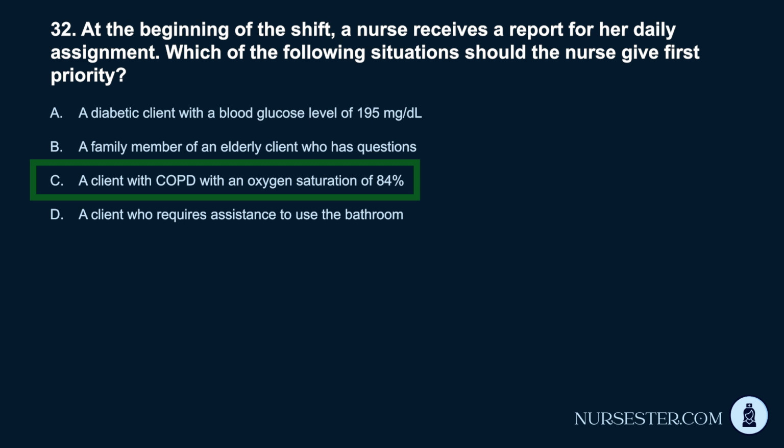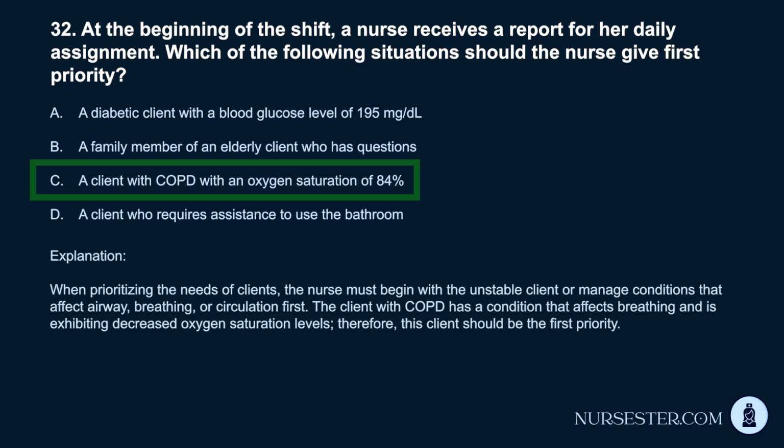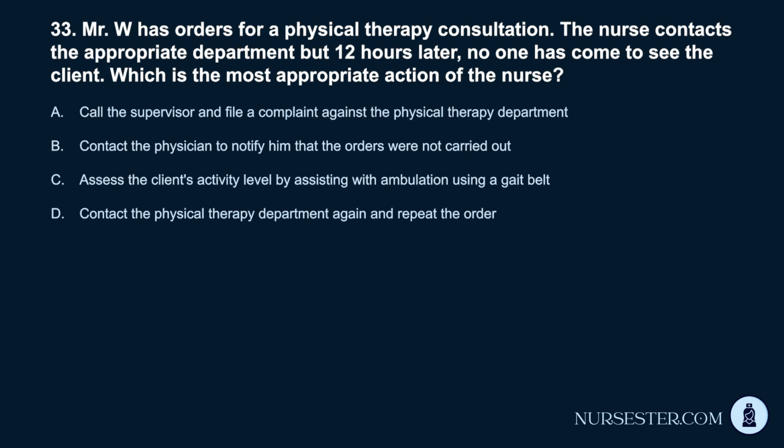Correct answer, C. When prioritizing the needs of clients, the nurse must begin with the unstable client or manage conditions that affect airway, breathing, or circulation first. The client with COPD has a condition that affects breathing and is exhibiting decreased oxygen saturation levels, therefore, this client should be the first priority.